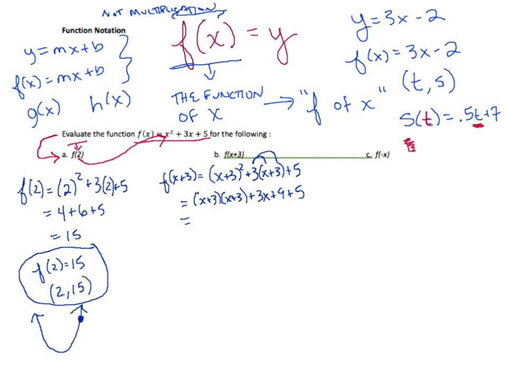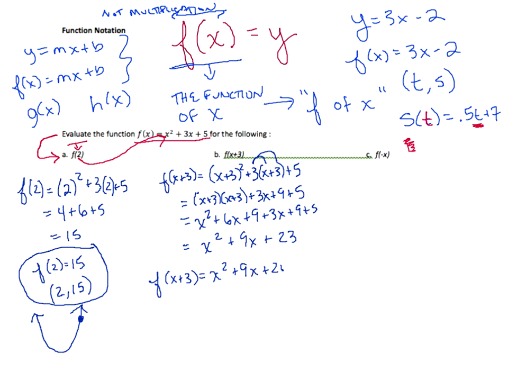I need to distribute this 3 here, so I get plus 3x plus 9 plus 5. (x plus 3) times (x plus 3) is x squared plus 6x plus 9, plus 3x plus 9, plus 5. And now I combine like terms and get x squared plus 9x, see, 18 and 5 is 23, plus 23. So the function of x plus 3 is x squared plus 9x plus 23.